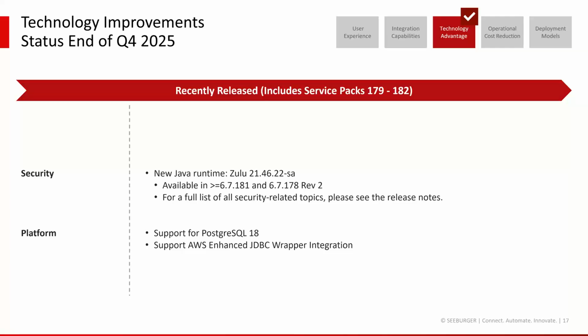These are now available also in version 6.7.178 revision 2, and then all quarterlies from 182 onwards. In the platform, we have added support for PostgreSQL 18. So that's generally available and also now supported in BIS.